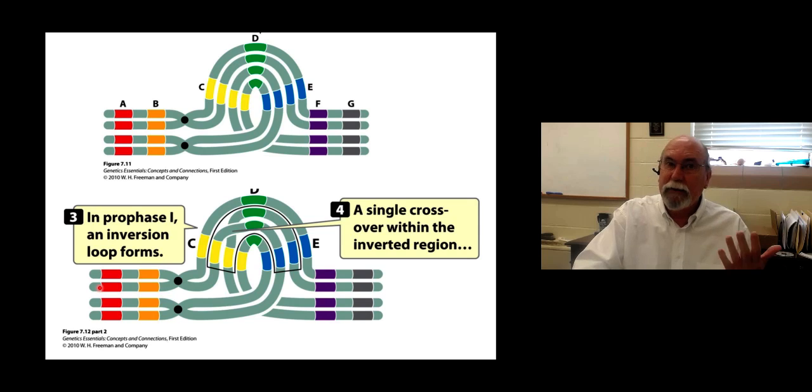If there's an odd number of crossovers within the inversion loop, you get a really bad outcome. If there's an even number, you cross over and you cross right back, it's not as problematic. But if you have an odd number, like 1 or 3 or 5, in this case 1, look what happens. You have A, B, centromere, and you should probably try to print this out and do it with your pencil or pen.